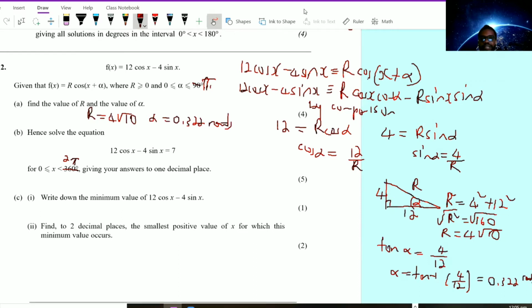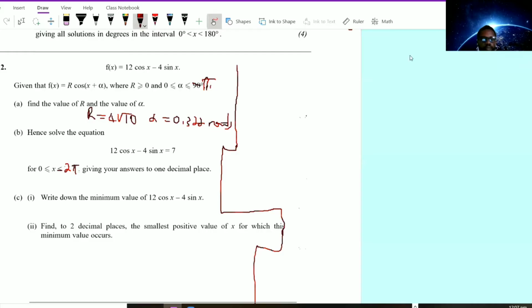All right, let me just erase this so we can have enough space to do the next part. It says hence solve the equation. So hence means you're going to be using what you had at the top. Since I have r and I have alpha, I'm just going to go back to this form right here and plug in the values.